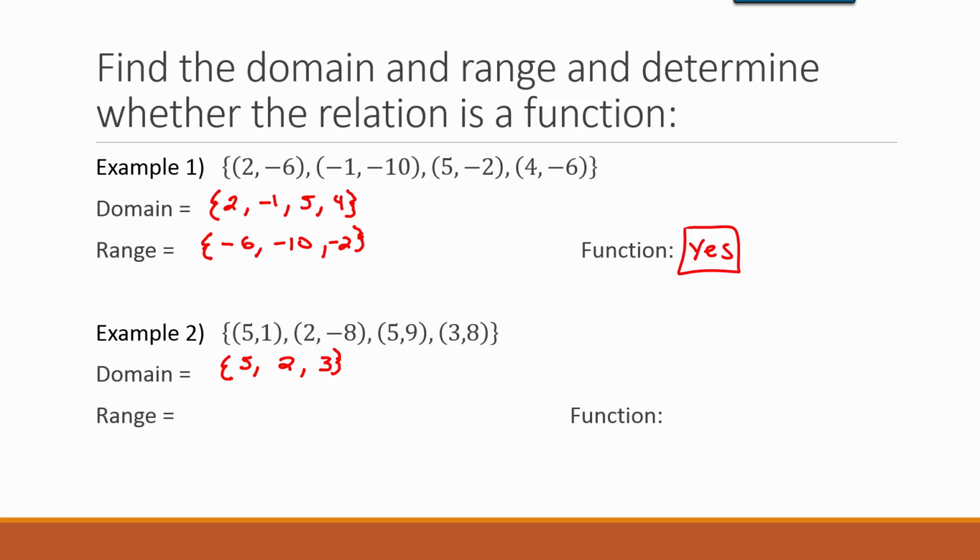So since 5 is paired with 2 different y elements, this is not a function. My range, 1, -8, 9, and 8. This is not a function because my 5 is paired with 2 different y numbers.